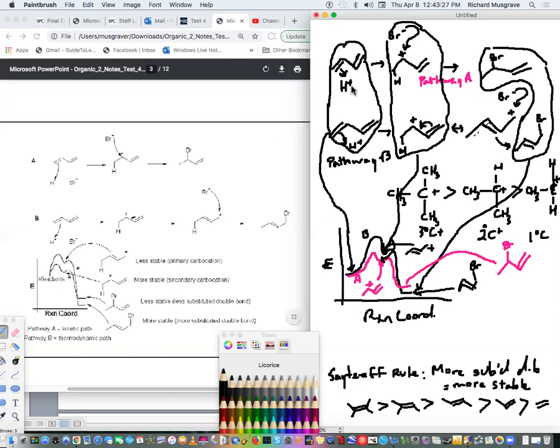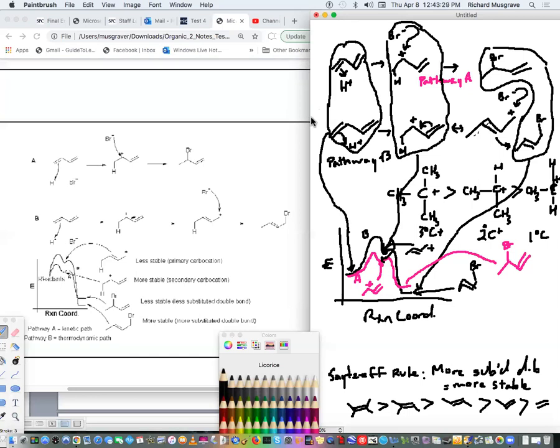Let me see if you understood that statement about why one of these is more stable than the other, why the pink one is lower energy than the black one.